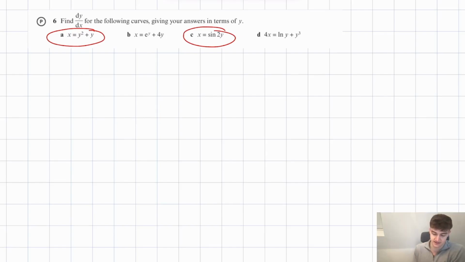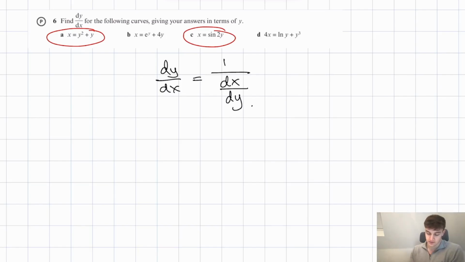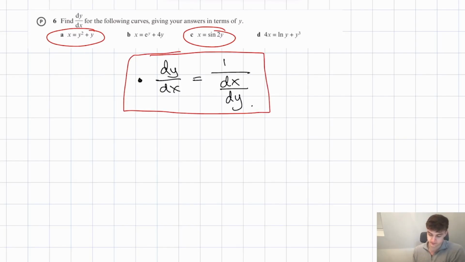There's one thing I didn't mention here, that due to the chain rule, we have dy by dx is the same as 1 over dx by dy. So this is another thing that you want to remember, and it's what we're going to use for this question.